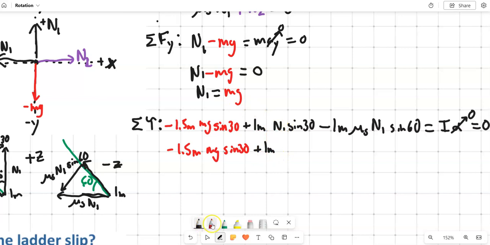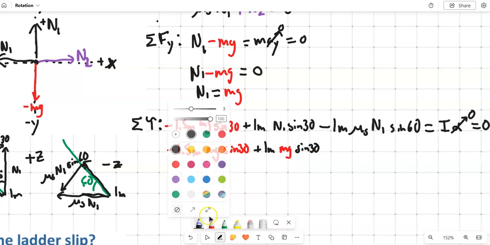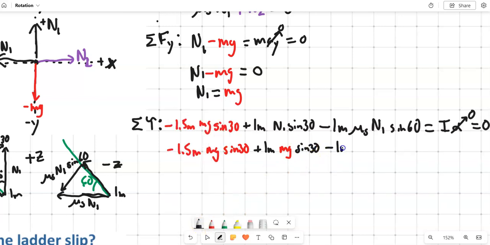N1 is going to be equal to mg, so I'm just replacing that N1 with mg. Sine of 30 degrees. Negative 1m mu sub s mg sine of 60 degrees equals 0.